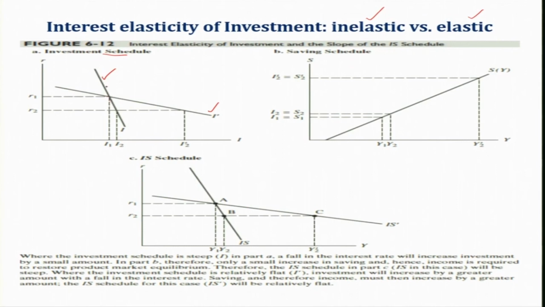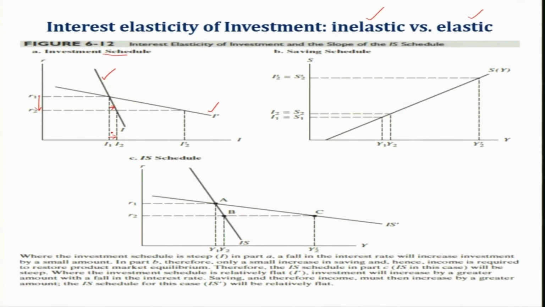Inelastic means, you can look at it from here, even when the rate of interest decreases from R1 to R2, in the case of the inelastic investment curve, you can see only a small increase in investment, right? When the rate of interest declines from R1 to R2, investment increases only from I1 to I2.